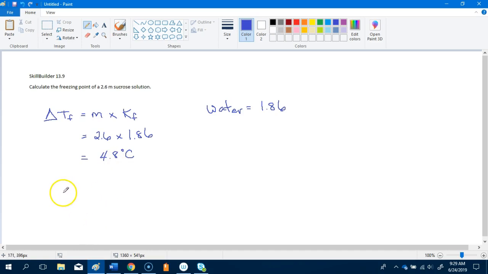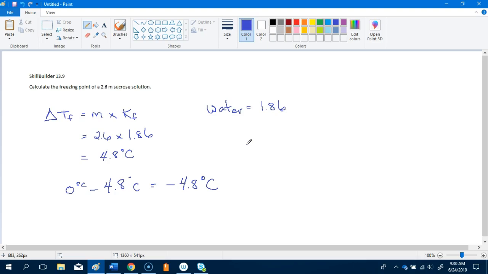So if our water has a freezing point of 0 degrees Celsius, we subtract that 4.8 degrees Celsius, and then we're given our new freezing point, which is negative 4.8 degrees Celsius. So that means that the freezing point of water changed from 0 degrees Celsius to negative 4.8 degrees Celsius.